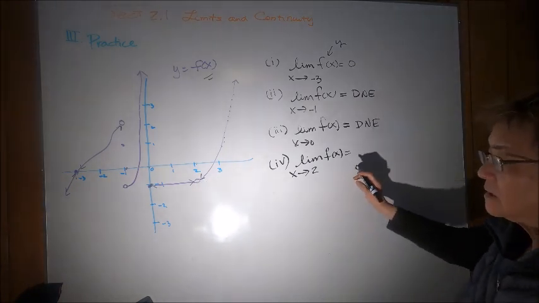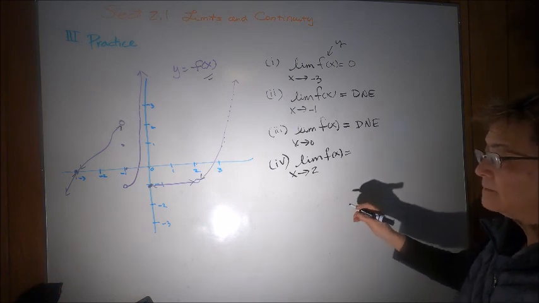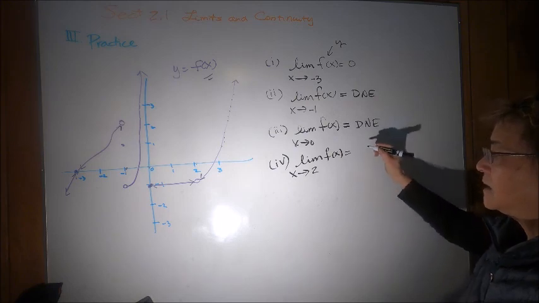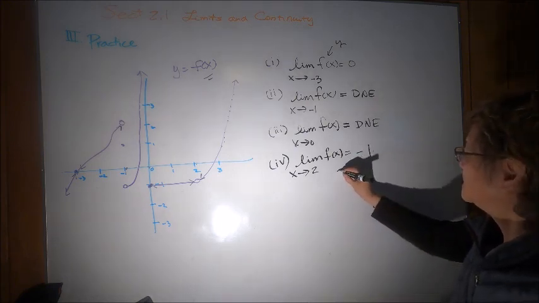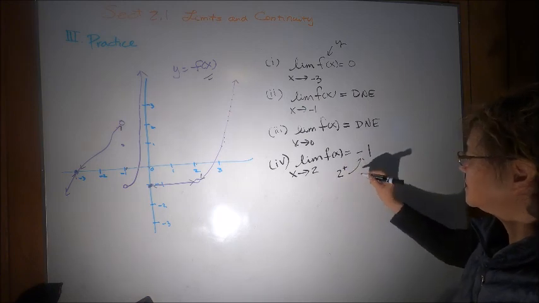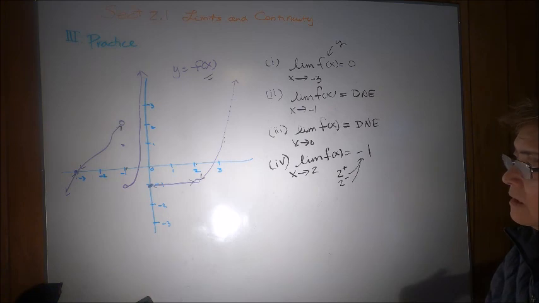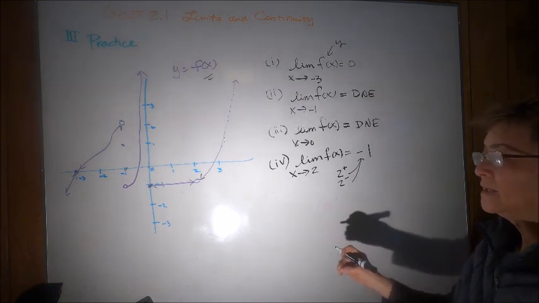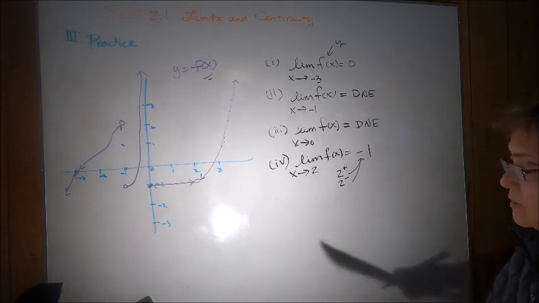So the limit of y is bounded from both the right hand side and the left hand side. It's bounded by the y value -1. That means from the right hand side you get this, from the left hand side you get the same value. So we do have the limit at the point where x is 2. Okay?